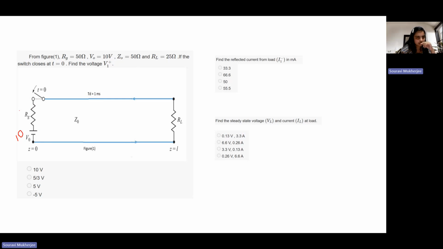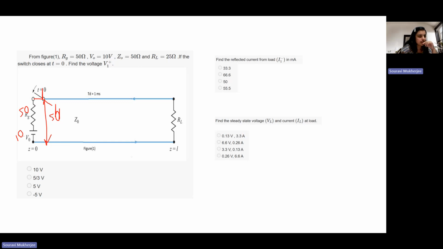And this one is 50. So when you close the switch, what happens? You know that Z naught, which is the impedance here, is also equal to 50.